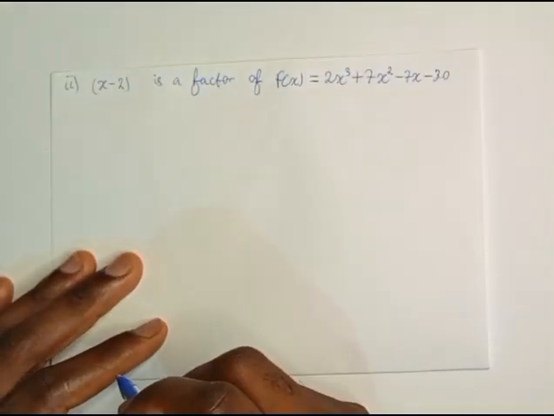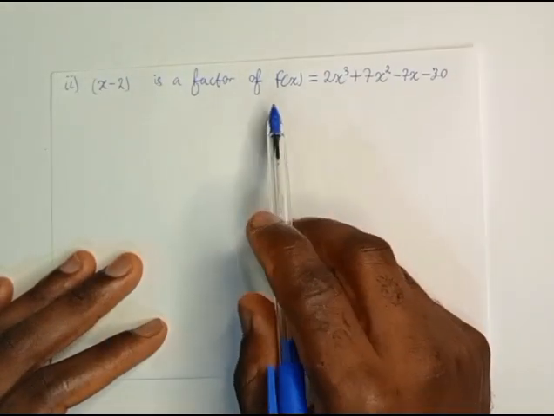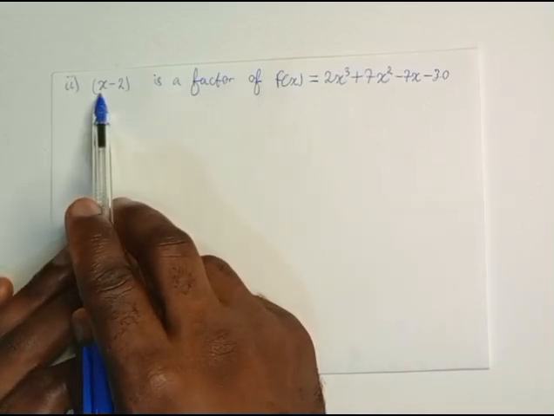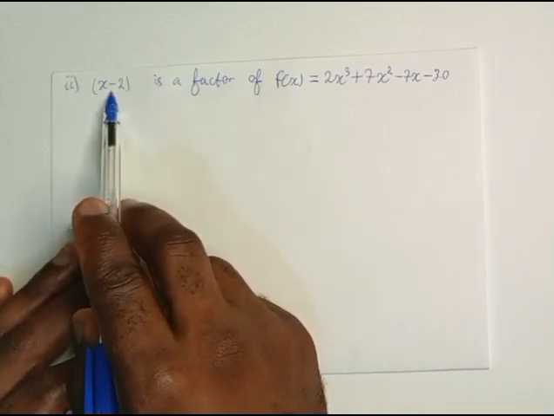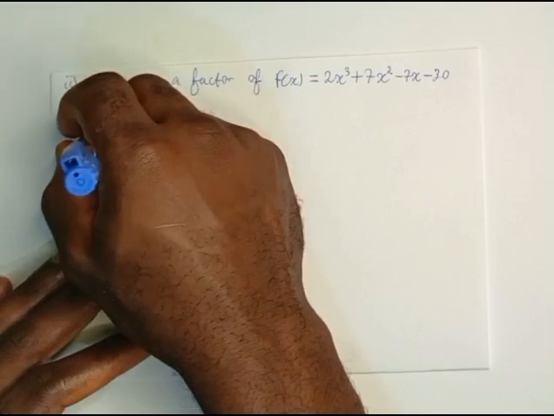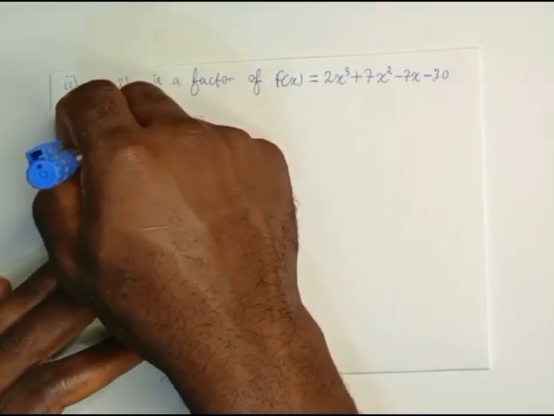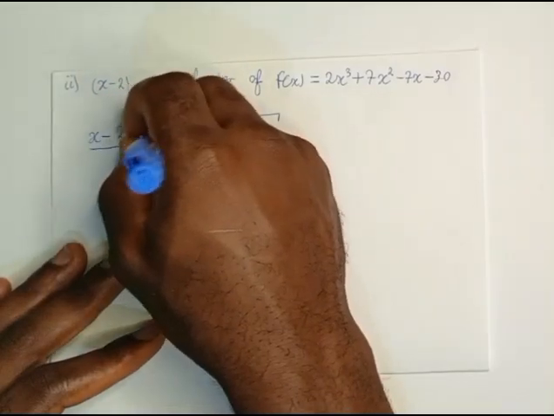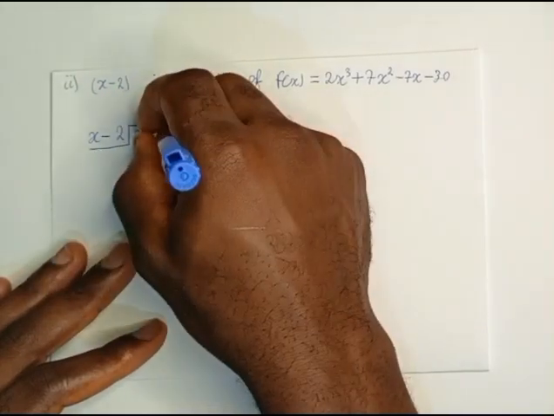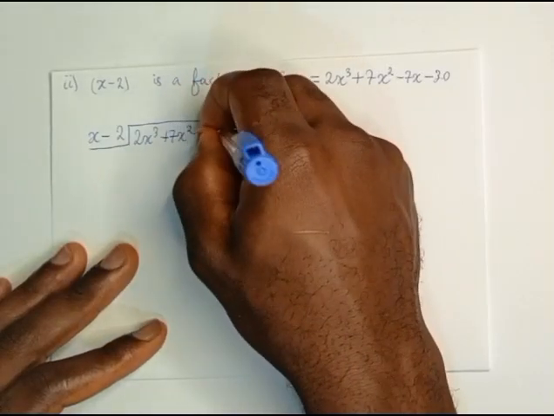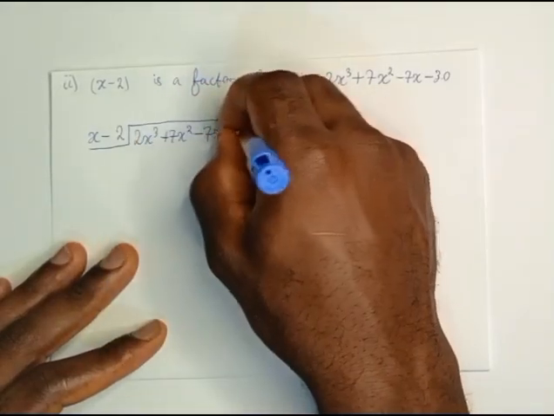We are going to make use of the method of long division to divide the polynomial f of x by this factor x minus 2 so as to get the other factors. We put x minus 2 outside, and we divide 2x cubed plus 7x squared minus 7x minus 30.